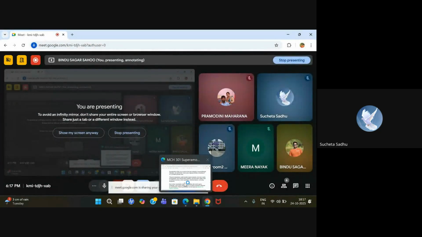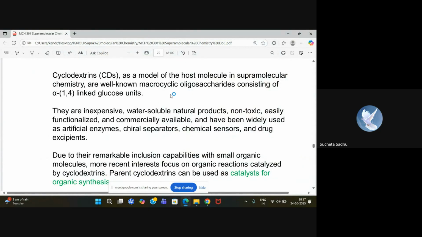Okay. So the same thing is written. Another benefit of cyclodextrins is that these are inexpensive, water soluble natural products, and generally non-toxic in nature. They are commercially available, and are used mostly as artificial enzymes.